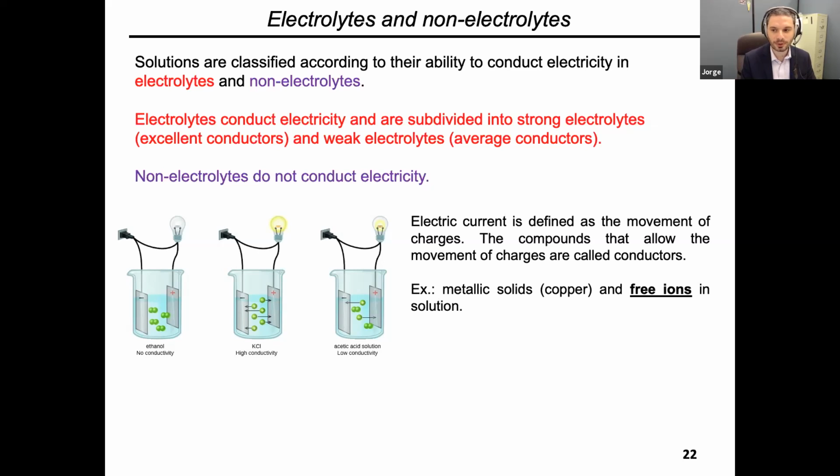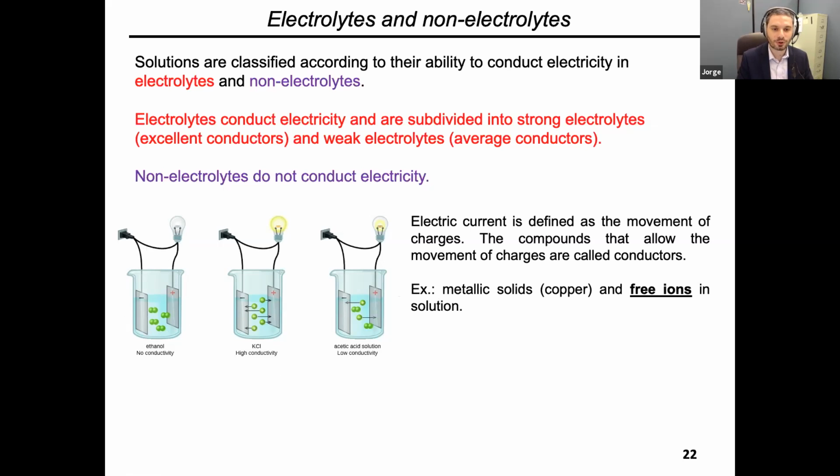A very simple test that we can perform to classify any solution as electrolyte or non-electrolyte is to have a solution of the compound, two plates immersed in the solution. Then here we have a source of electrons, and we will complete the circuit with a lamp.